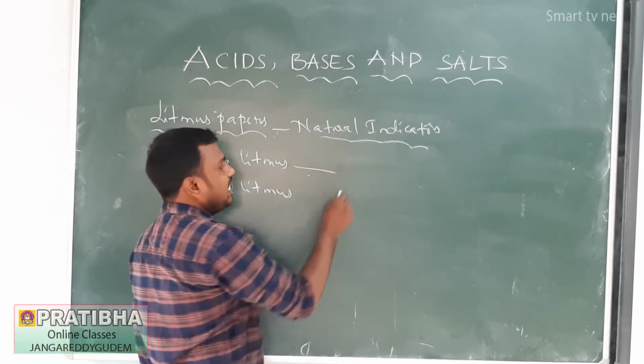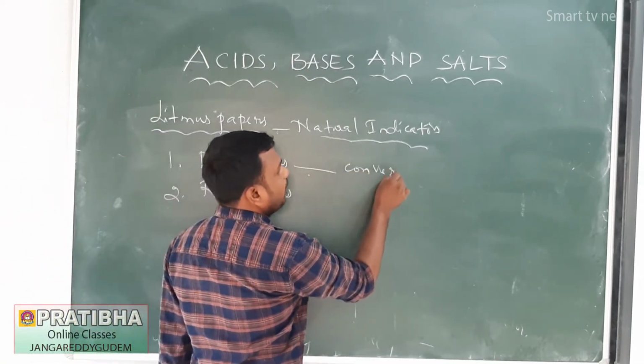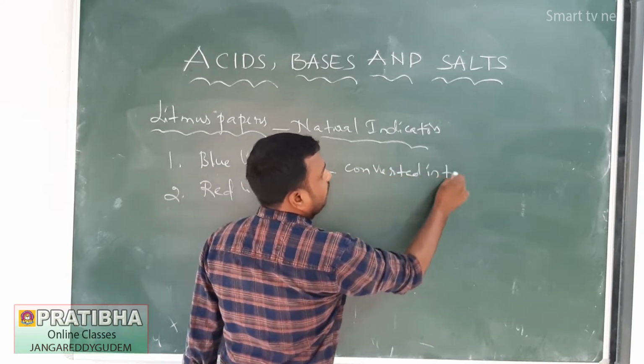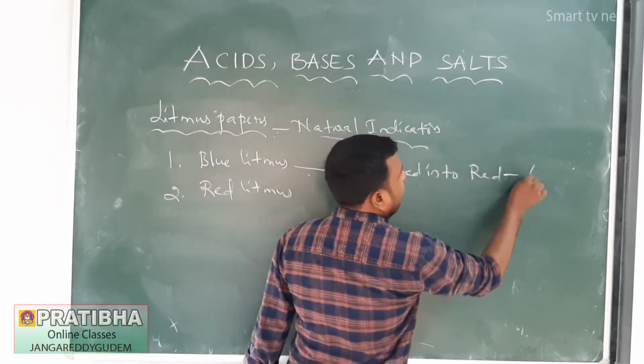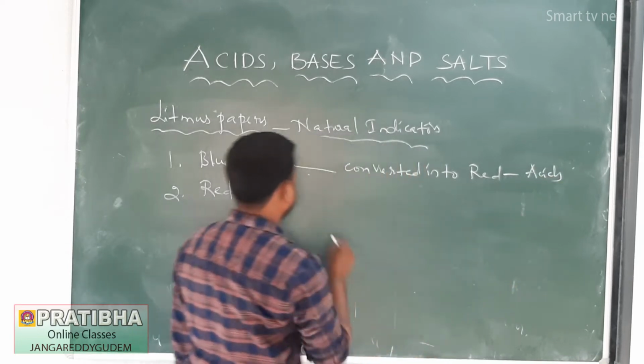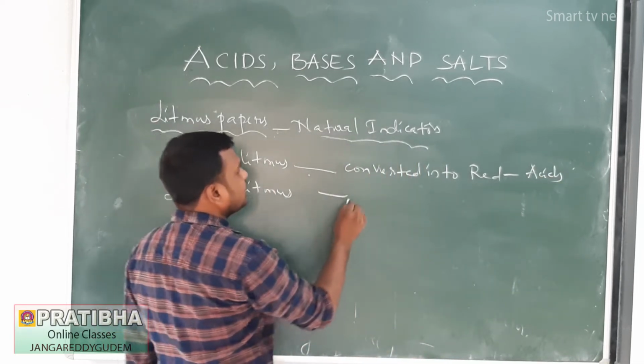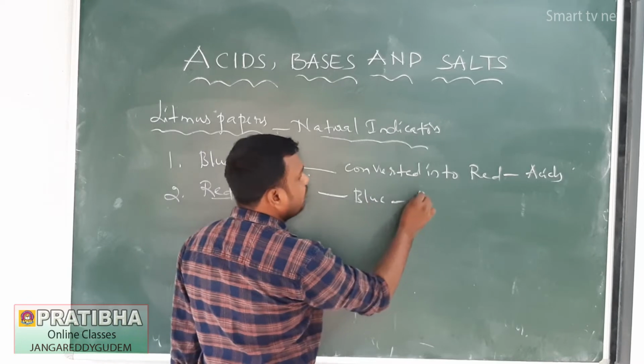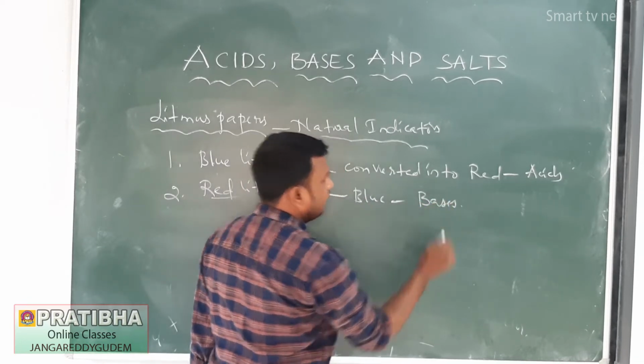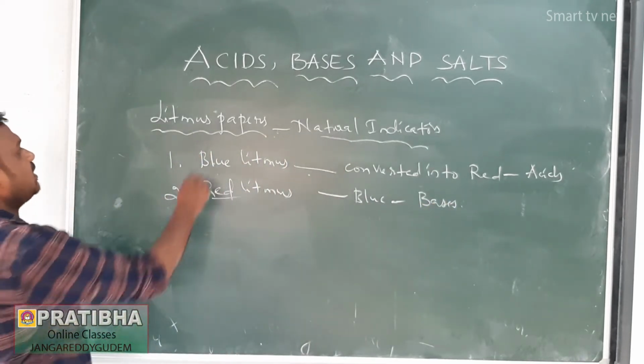Blue litmus turns red in acids. Red litmus turns blue in bases. That is the importance of litmus papers.